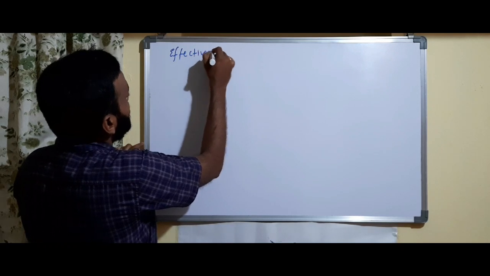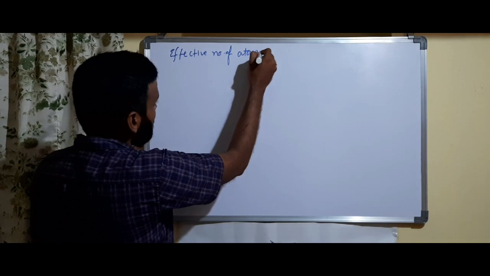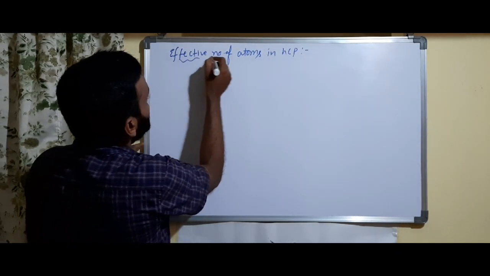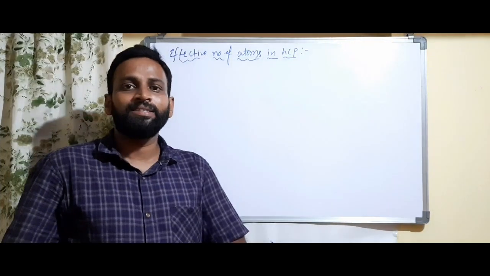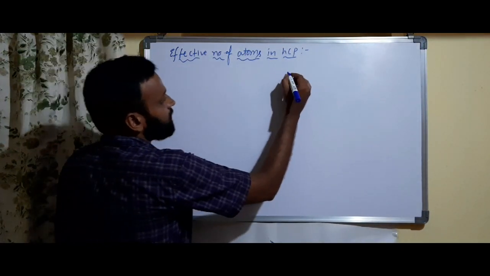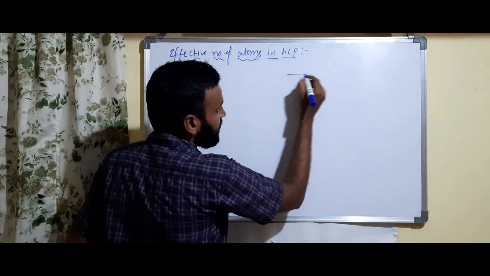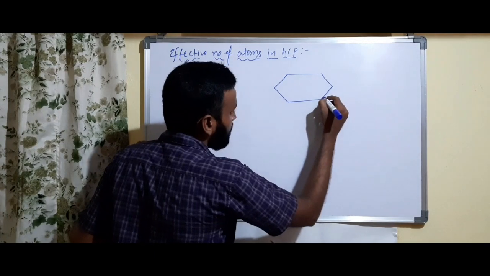Effective number of atoms in HCP, hexagonal close packing. In HCP, hexagonal close packing, you must know the exact structure, and it is somewhat different from the remaining, because you must remember one important thing.